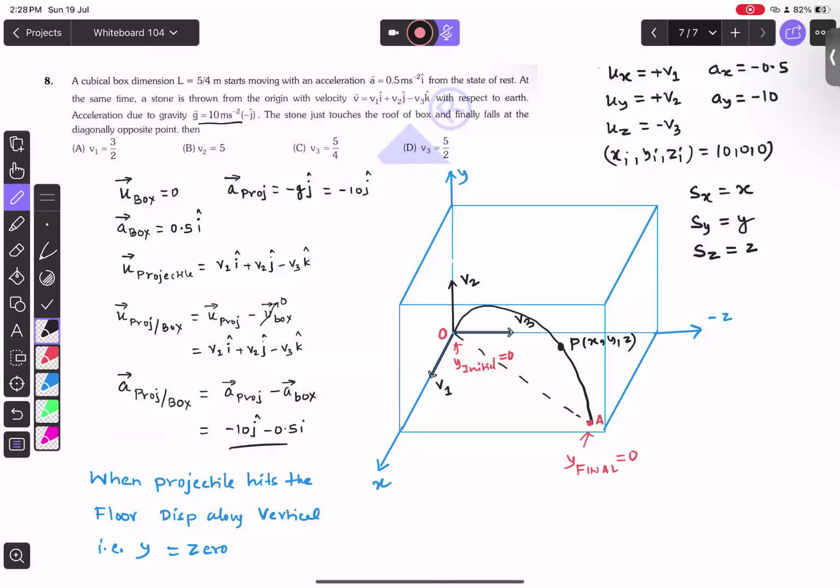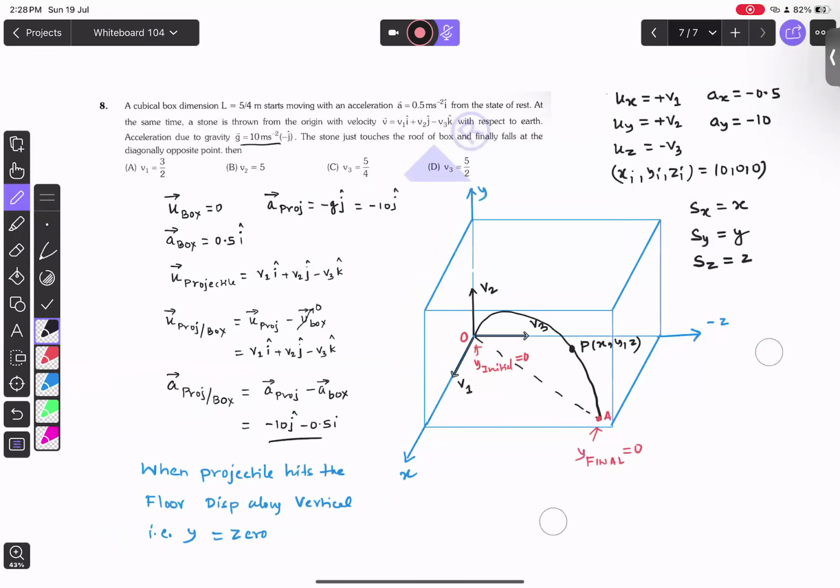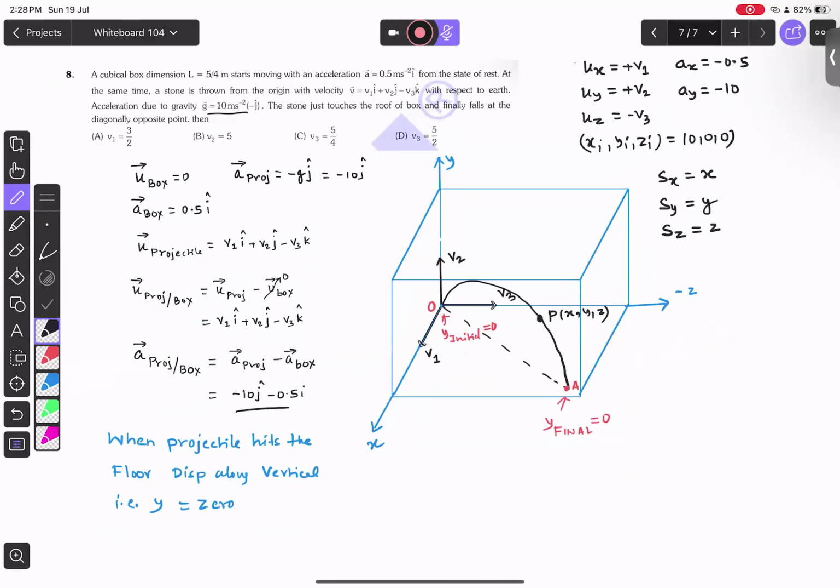So if I ask you to write the equation of motion for displacement in the y direction, what will you write? Displacement along y will be uy t plus half of ay t square. So displacement along y in time t will be y only.